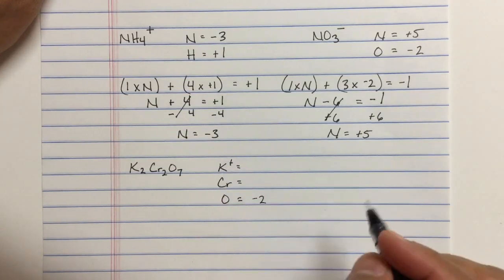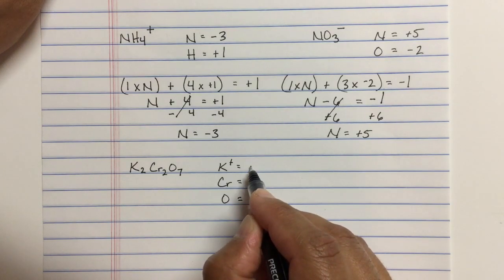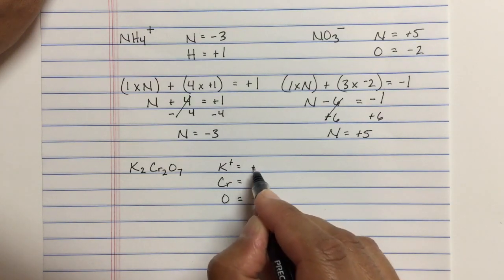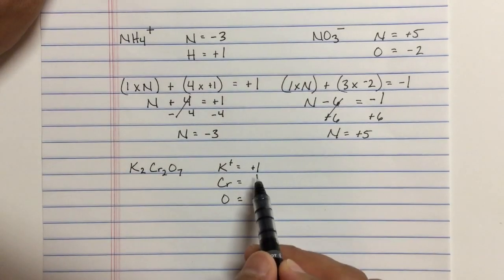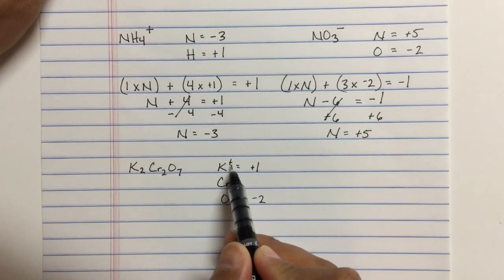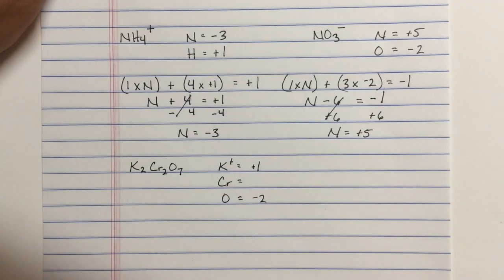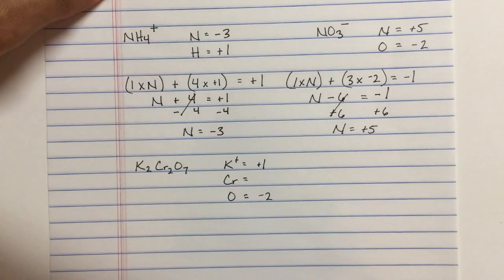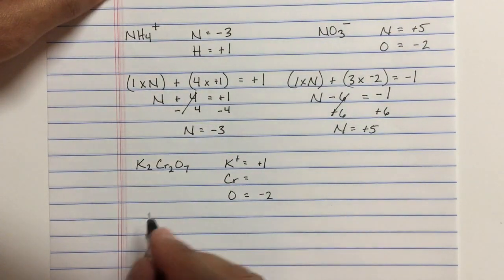For a monatomic ion, the oxidation state is the same as the charge, +1. So make sure you check for those ions. Now again, the potassium is a +1, but what we're looking at here is the oxidation state. So now we can find the chromium.